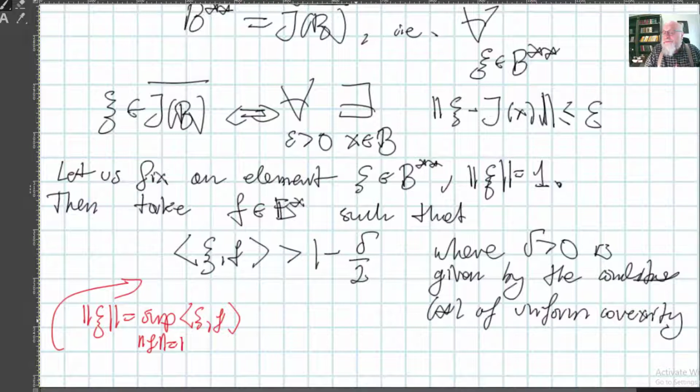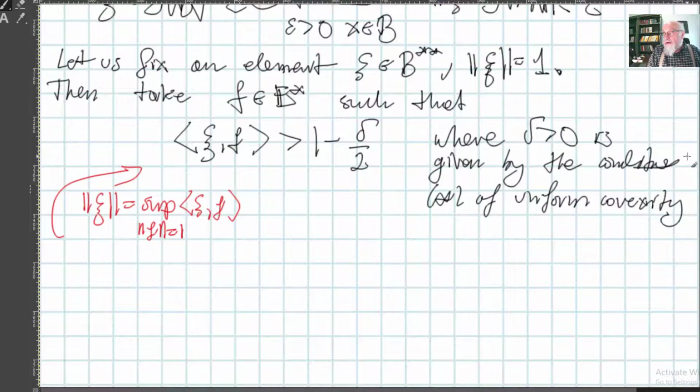Now I have the functional f, so I will be using another condition.